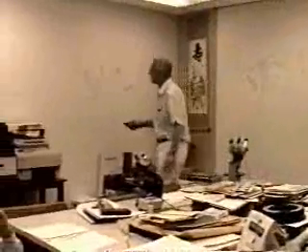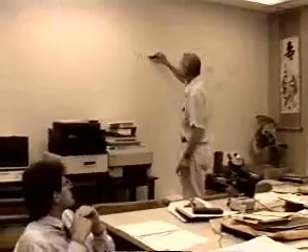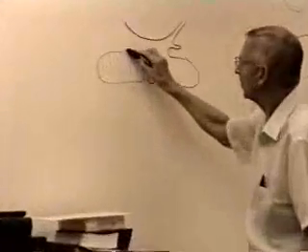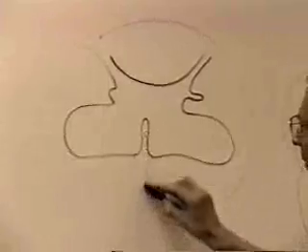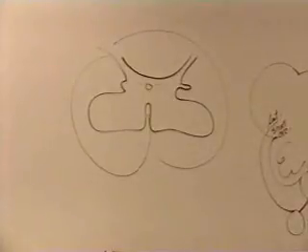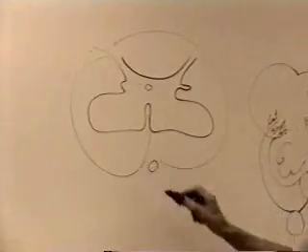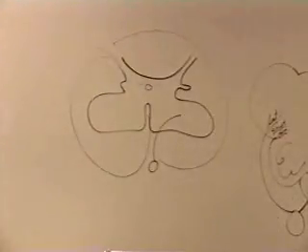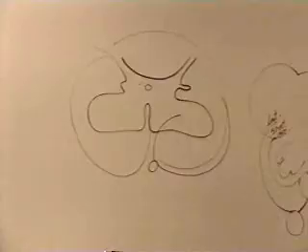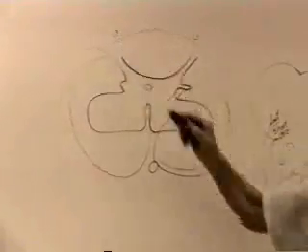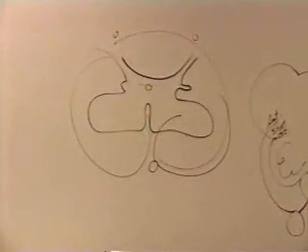Spinal cord has, of course, an anterior spinal artery, and from which come paramedian and short circumferential, and a small pair of posterior spinal arteries.